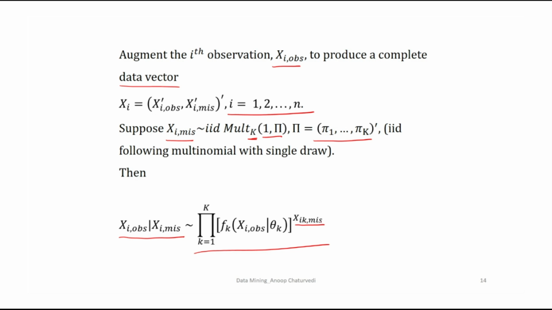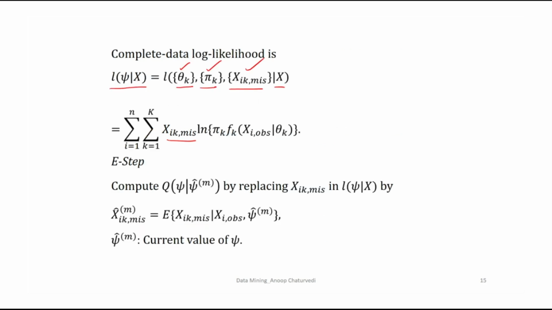So, you get x_ik missing and then log of pi_k f_k(x_i observed given theta_k). So, this is the complete data log likelihood, this one.